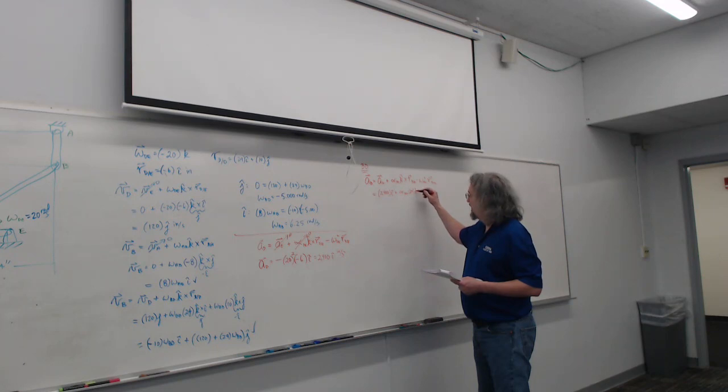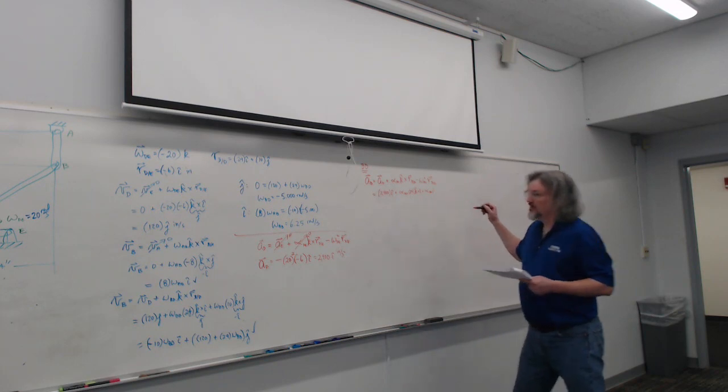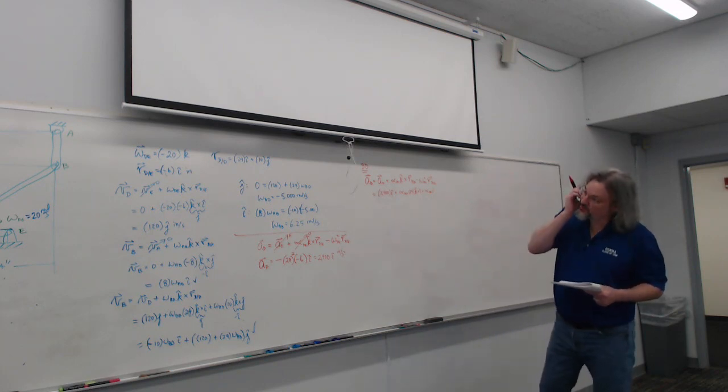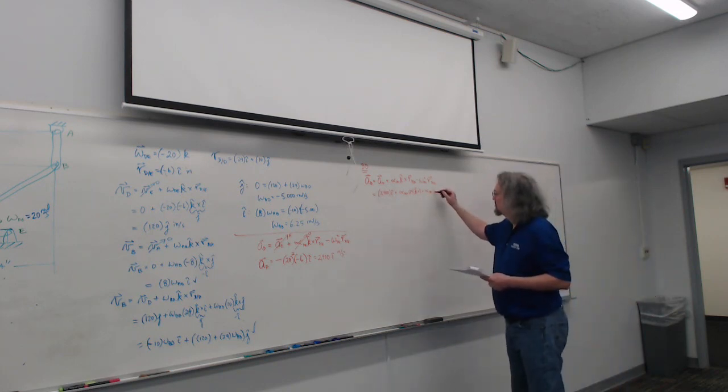And we have K crossed with I and plus alpha BD, and now we're going to go up 10. So that's going to be K crossed with J.